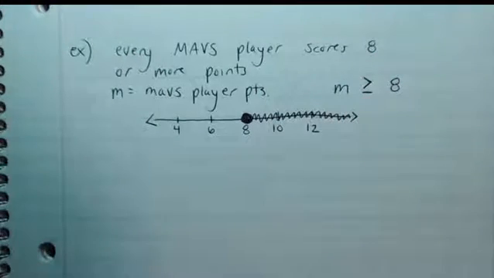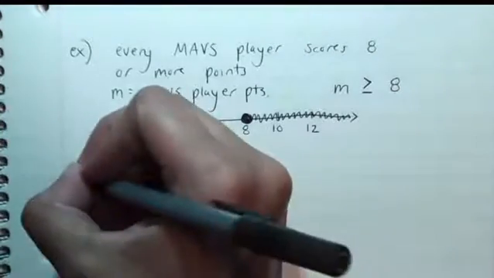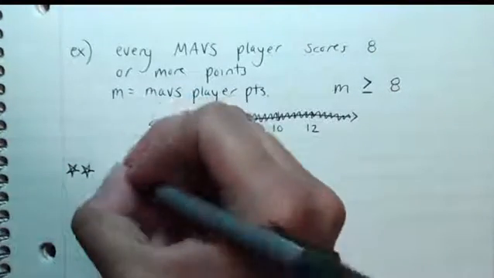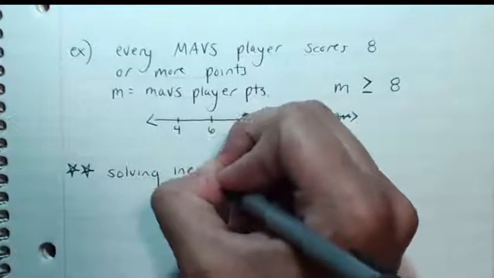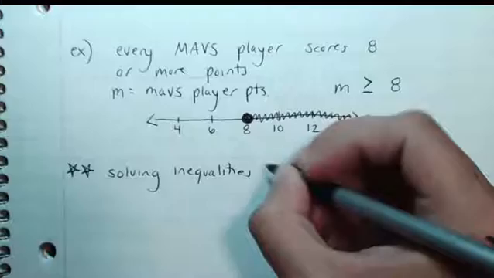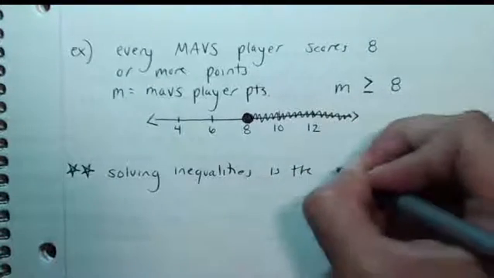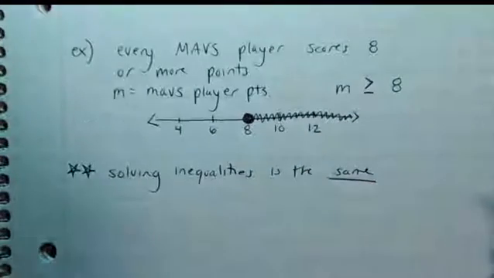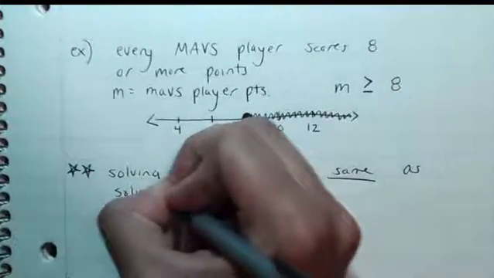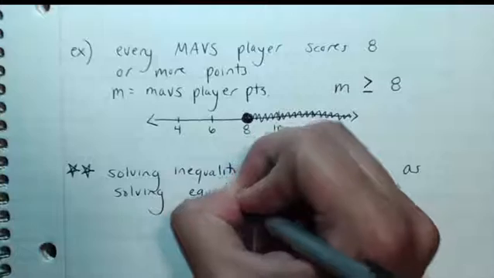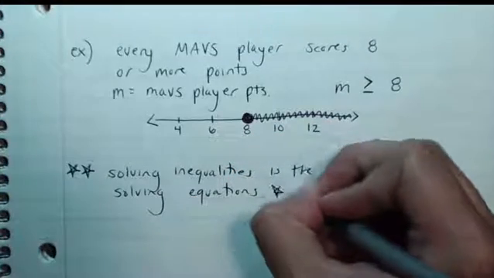We're going to actually be solving inequalities now. So I'm going to double star this one. All you have to remember when we're solving inequalities, it's the same exact thing as solving equations, except one little thing, and we're going to get to that in a second.